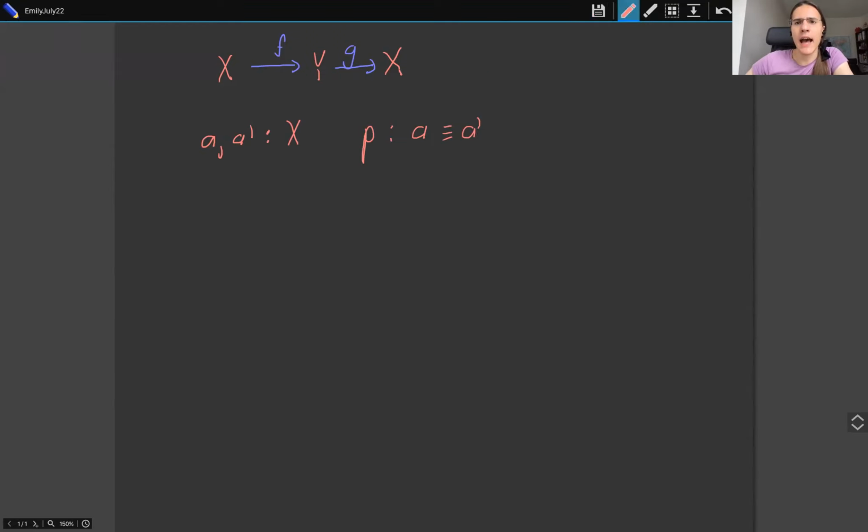And then what we have is basically 2 paths, which are called in this notation Q and R. So Q is going to be a path from G of F of A to A. And R is going to be a path of G of F of A prime to A prime.